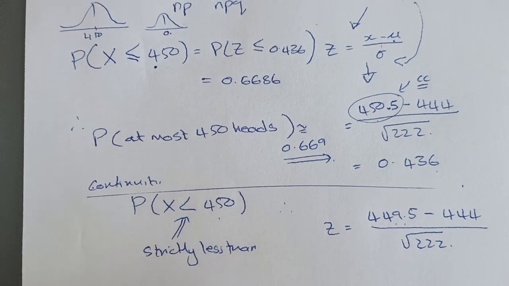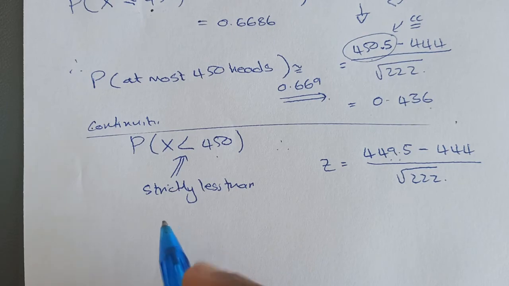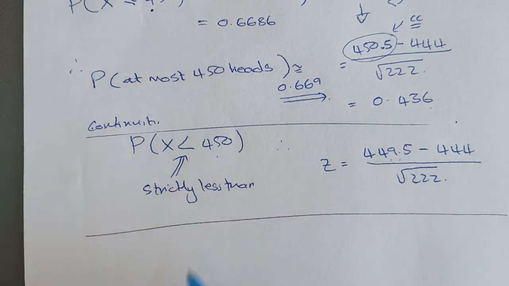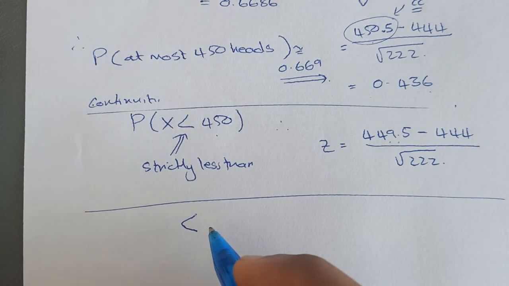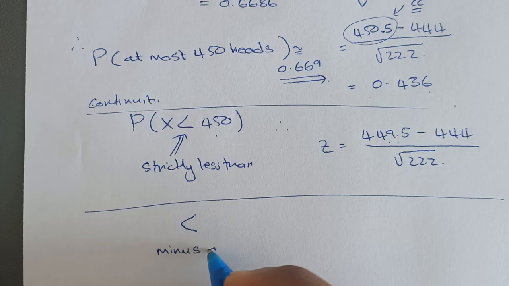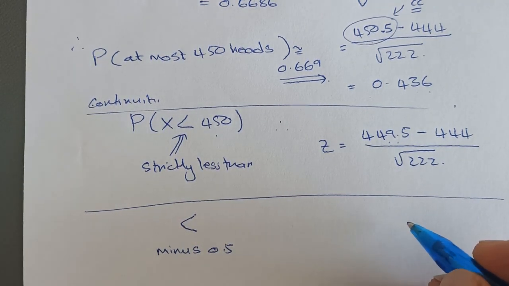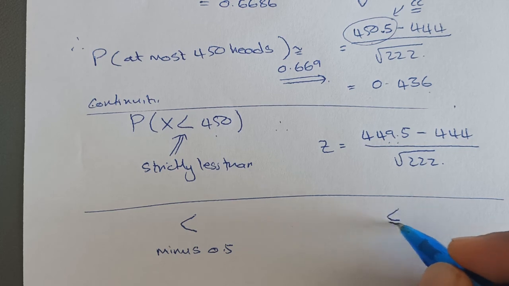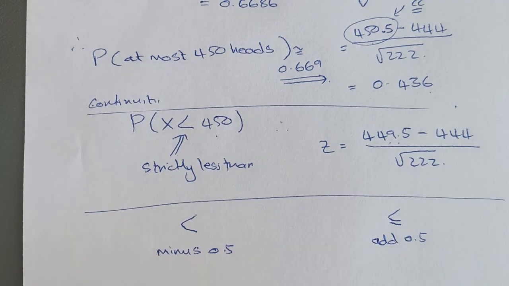So what is the deciding factor for whether you plus or minus when it comes to continuity corrections? When you have less than, you notice that you are going to minus 0.5 when you're approximating the binomial, and if it's less than or equal to, you are going to add 0.5 to include it.